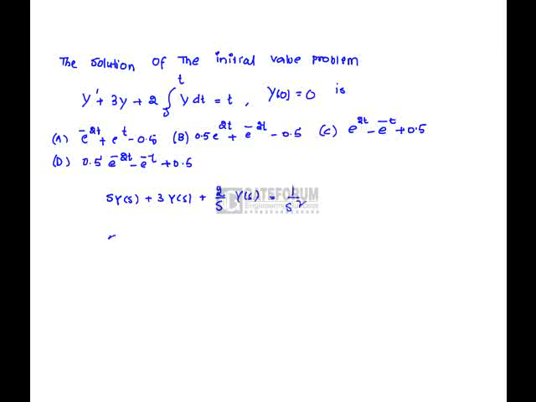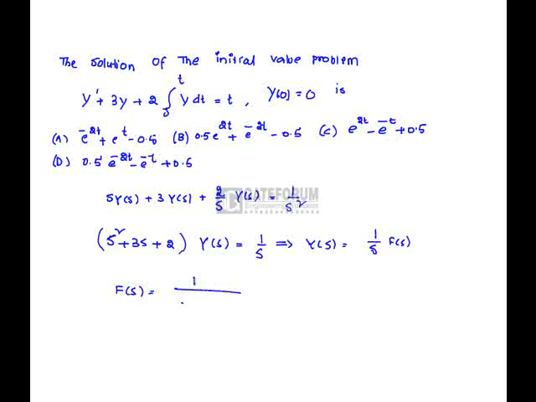So s square plus 3s plus 2 times y of s is equals to 1 by s. So from this, y of s is nothing but 1 by s f of s. Here f of s is 1 by s plus 1, s plus 2.